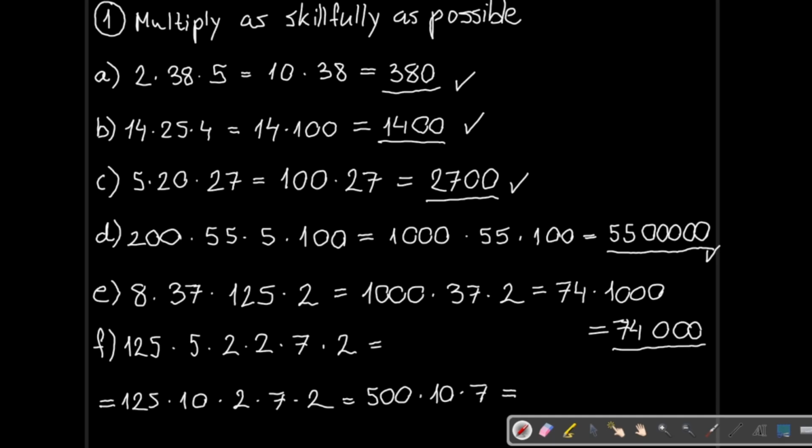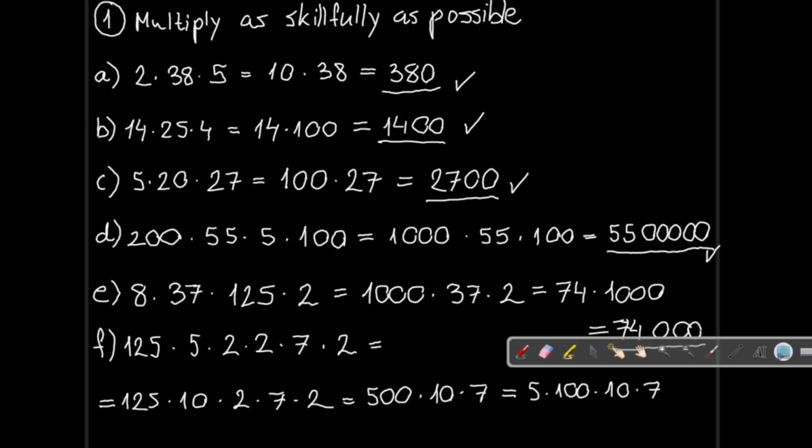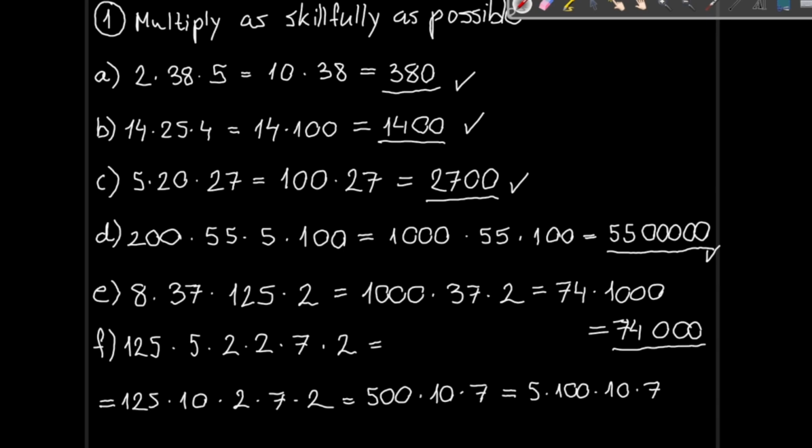Alright, so what is that? We know that 500 is 5 times 100. I'll just write that clearer. Times 10 times 7. So we know that 5 times 7 is 35.